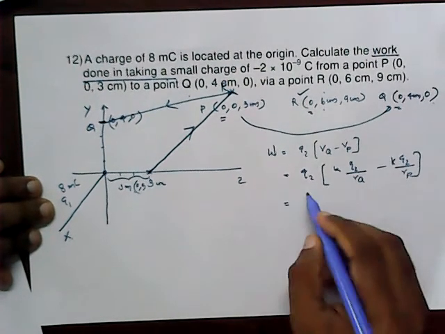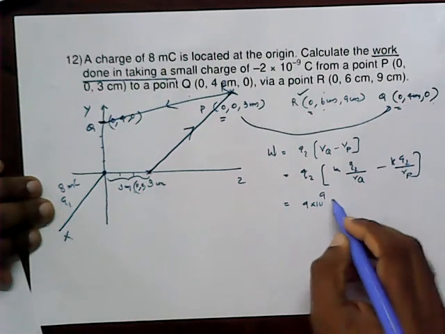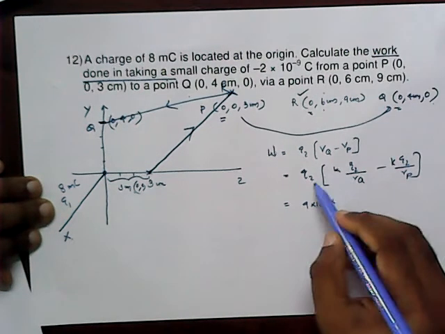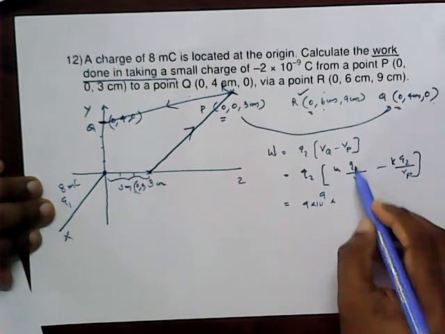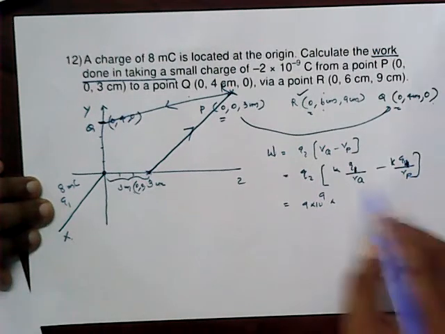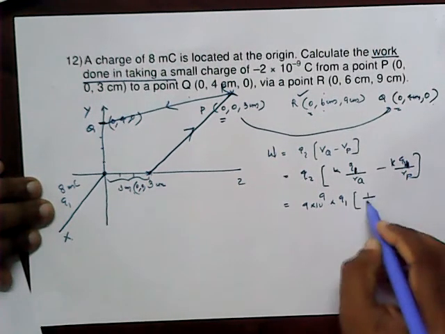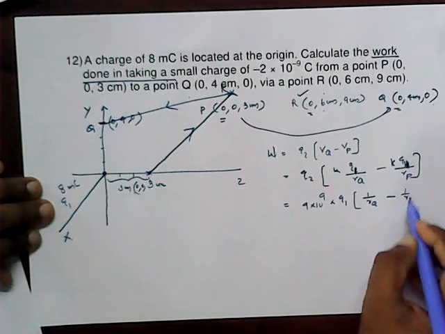In common you can take K, so 9 into 10 raised to 9 into Q1, the charge responsible for the potential, into (1 by RQ minus 1 by RP).